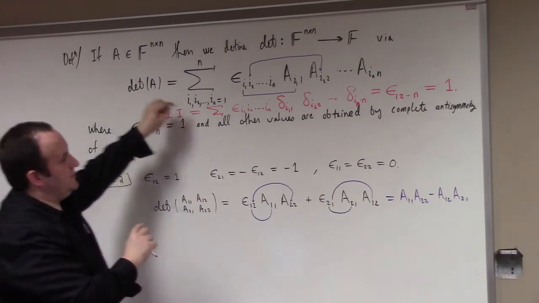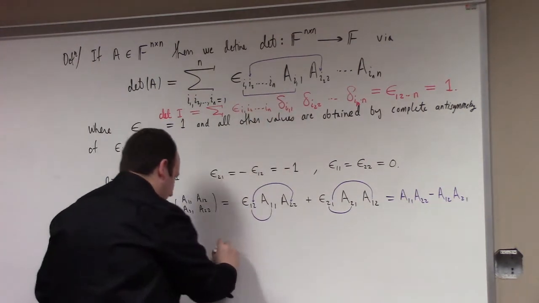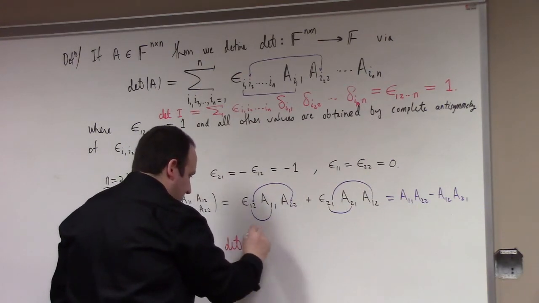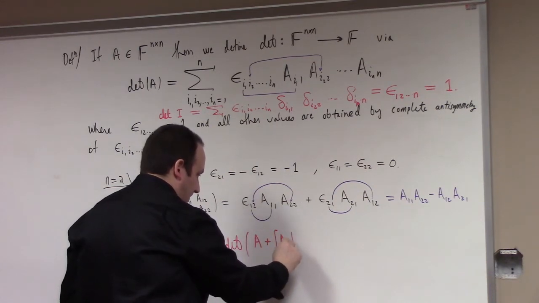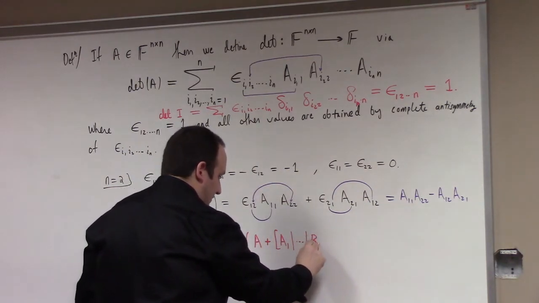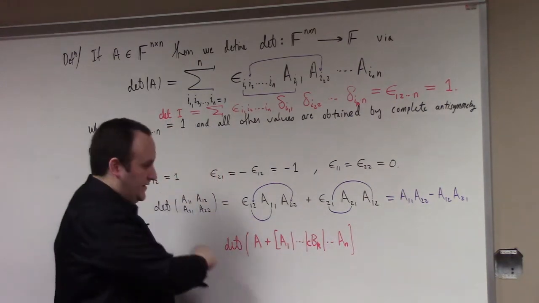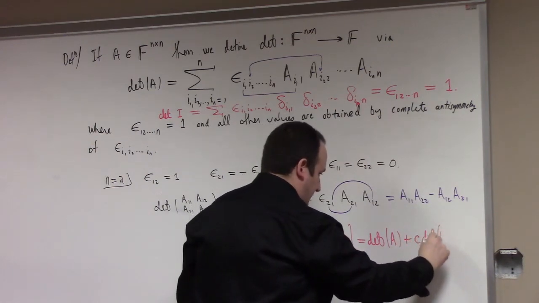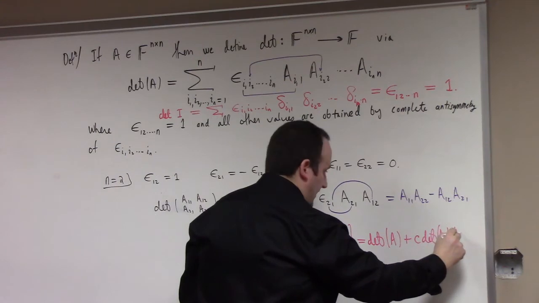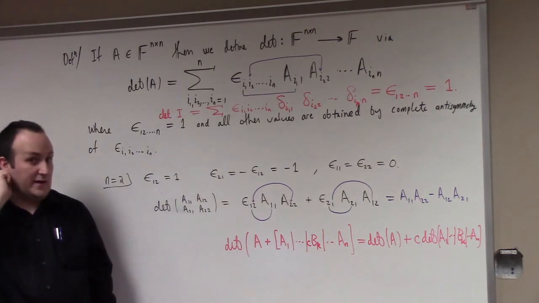If I took a particular column and replaced it with a linear combination, for example, if I had the determinant of A plus a matrix which is the same as A, except for the kth column where I have B_k times C, then I could prove that this is equal to the determinant of A plus C times the determinant of the mostly A matrix with the B_k column there. So I have some sort of linearity column by column.